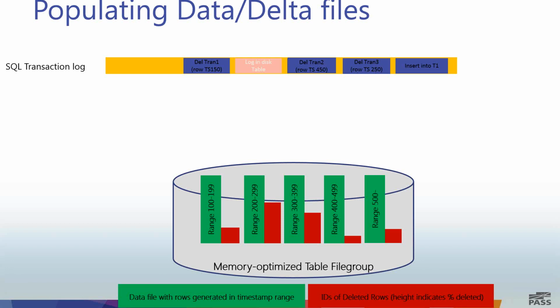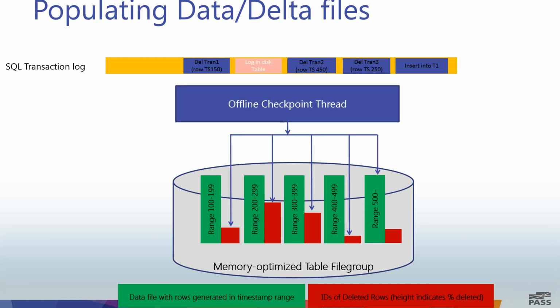The bar at the top represents the database transaction log. In general, we have the log in memory in some buffer, and we flush this to disk, but very often it stays in memory. Usually, the offline checkpoint thread will read in memory from the transaction log.